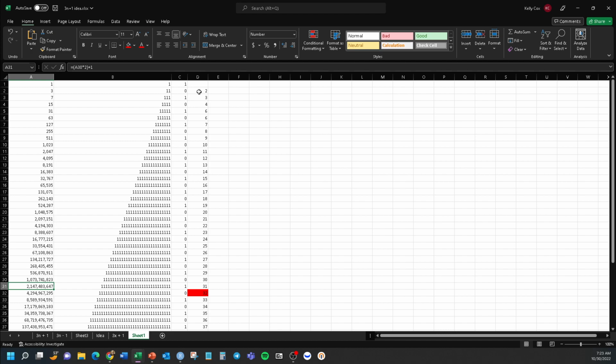3 goes to 10 and then to 5 and then to 16. So it climbs twice. So each of these climbs an extra step. The only exception is 31. 31 starts out climbing 5 times, but it crosses 319, which is a 6, which is larger than 31.